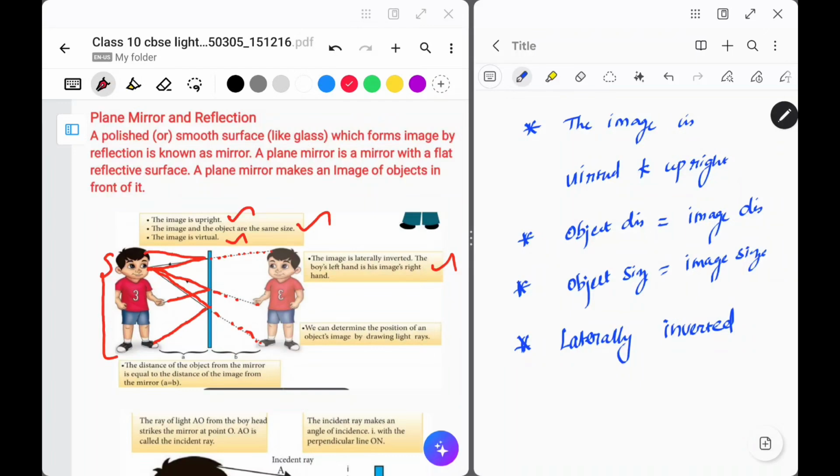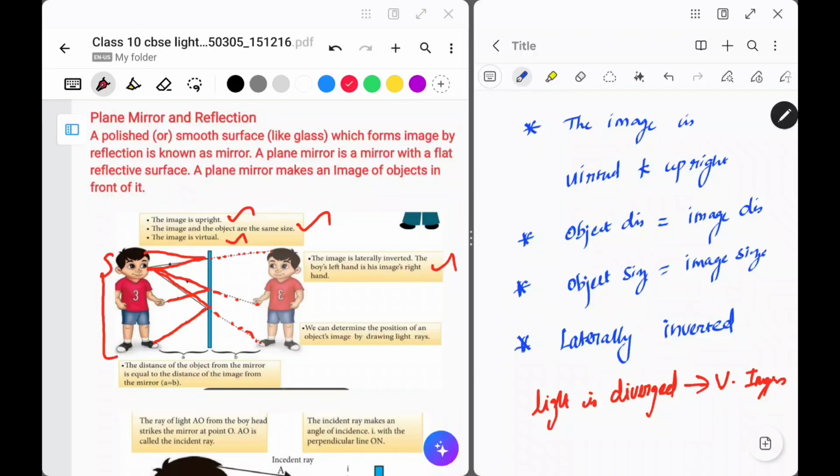Why, sir? Because virtual images form when light, what? It diverges. When light diverges, virtual images are formed, okay?